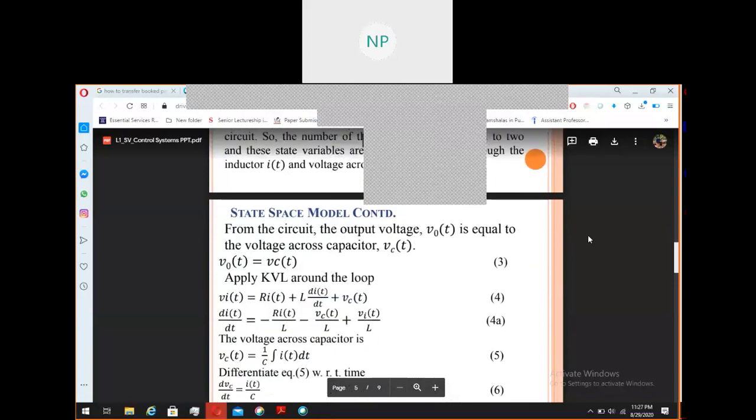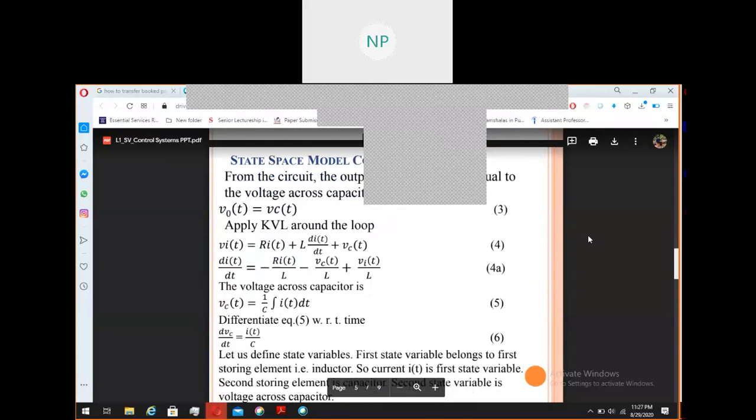We get equation number 4: Vi equal to Ri plus L di/dt plus the voltage across capacitor Vc. Actually Vc is equal to V0 because the output voltage is the voltage across the capacitor. Simplifying equation number 4, we get equation number 4a. Then the voltage across the capacitor is given by equation number 5. If we differentiate equation number 5, we get equation number 6.